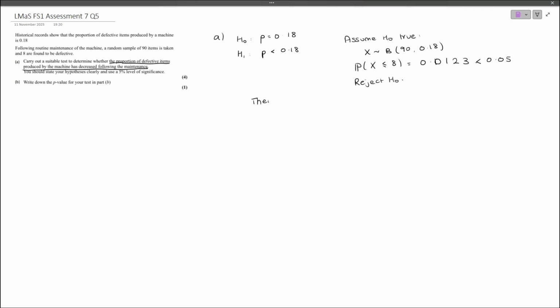There is sufficient evidence at the 5% level of significance to suggest that the proportion of defective items... And you are going to copy those words out word for word.